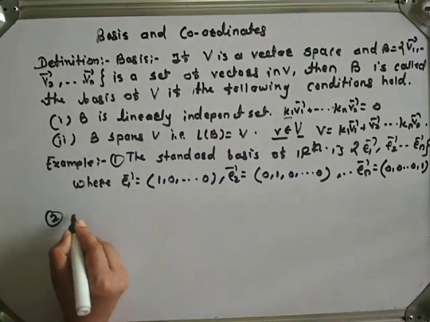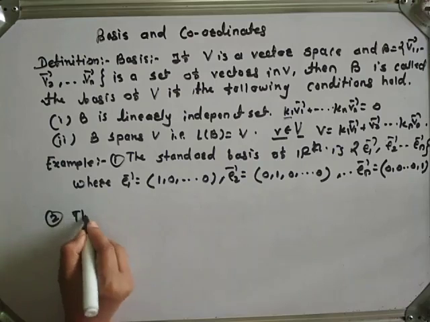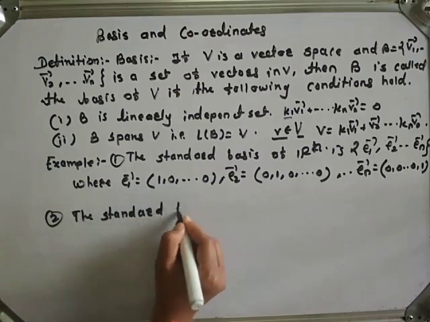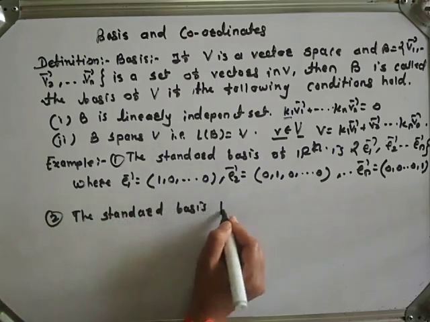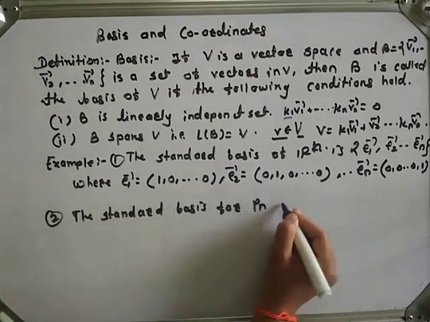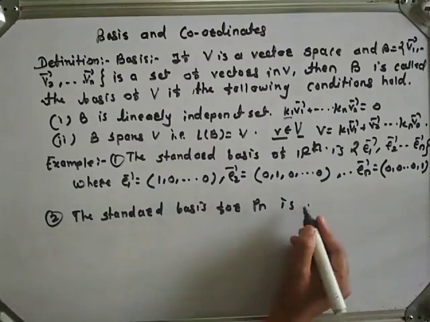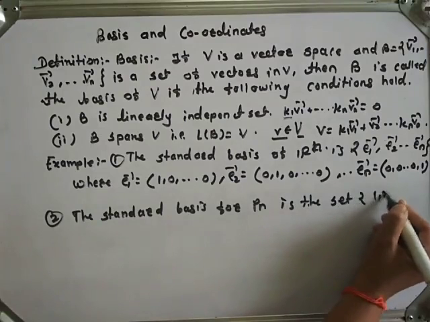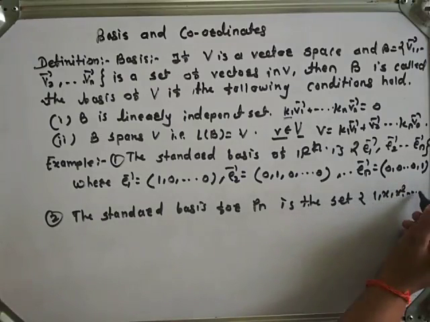Second, the standard basis for Pn is the set {1, x, x square and so on up to x raised to n}.